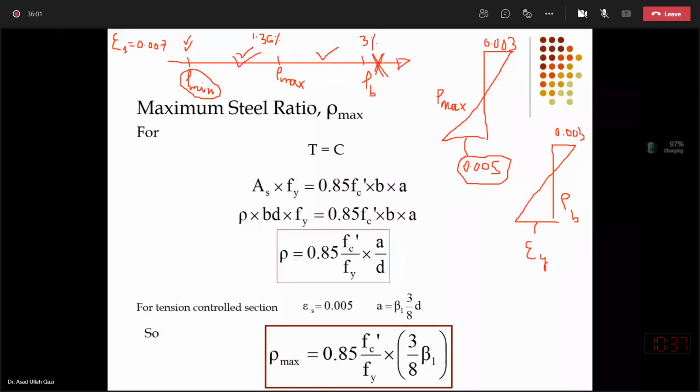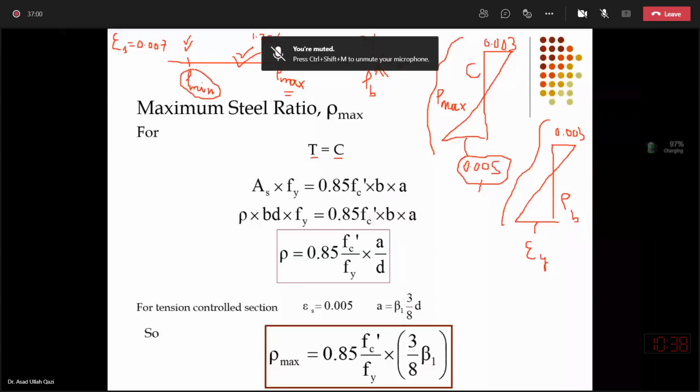I will again take the help of the equilibrium equation T equal to C. For all derivations, I will take help from the only unique equilibrium equation for flexural members, that at a section we have longitudinal equilibrium, sigma Fx equal to 0, so T equal to C. I will also take help from the strain diagram because the strain diagram will give us substitution in the equation for the condition which we are desiring, that for example in this case we are desiring to substitute in the equation the neutral axis depth which will provide us 0.005 versus crushing in the concrete.